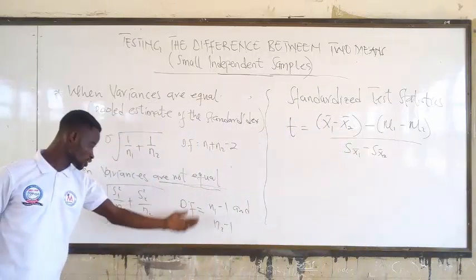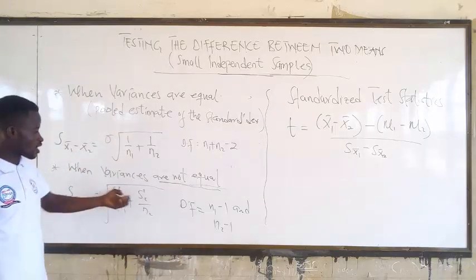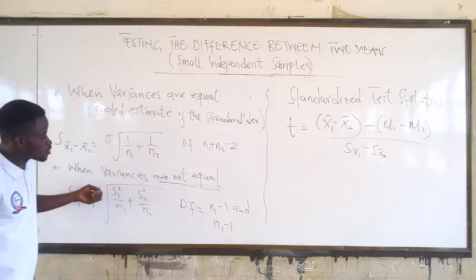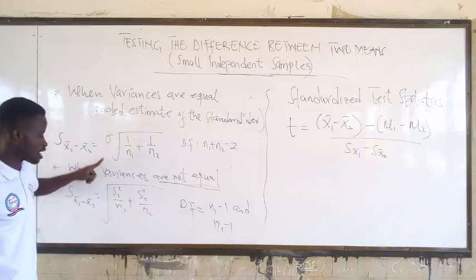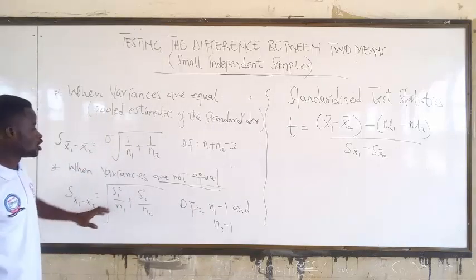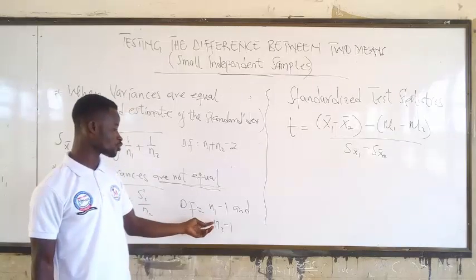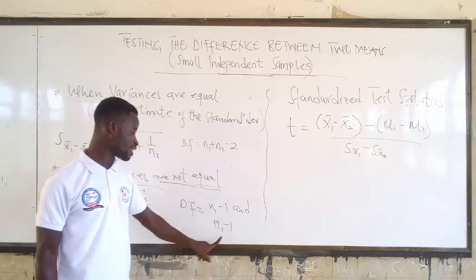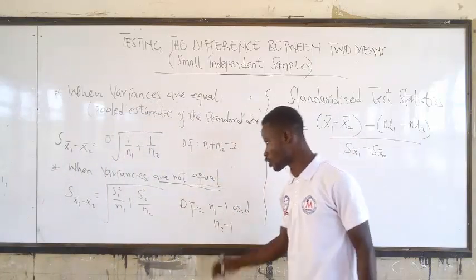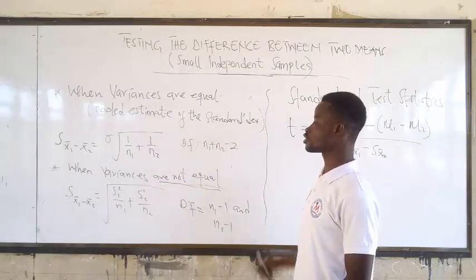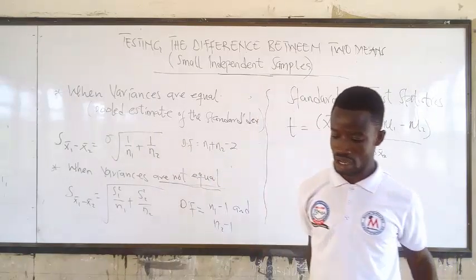So when variances are not equal, that means you cannot factor the variance out, like what we factored out here. So you maintain it like this. Then you use the degrees of freedom being equal to n1 minus 1 and n2 minus 1. So here you are going to get 2 degrees of freedom instead of 1. So don't forget it. Know this and know how to relate this to it. Thank you. I'll be back.